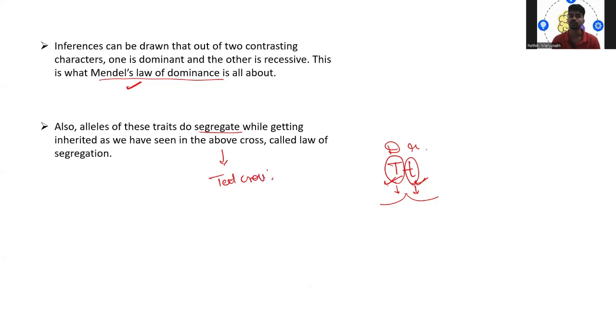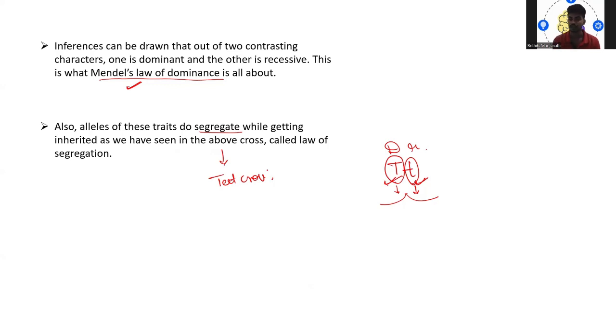So this is all about the law of dominance and law of segregation, which were proposed by Mendel. Based on these laws, there are many examples which follow Mendel's law of dominance, law of independent assortment, and law of segregation.